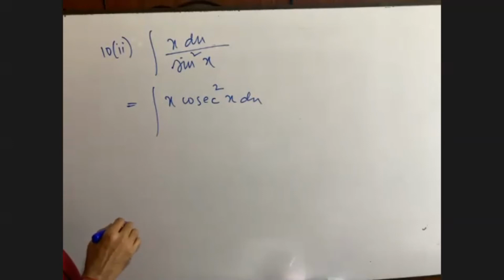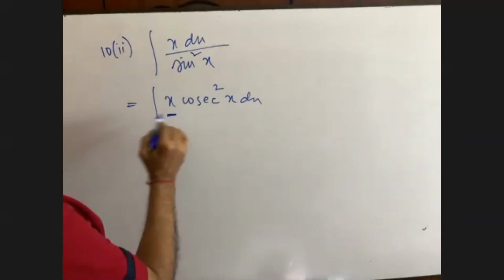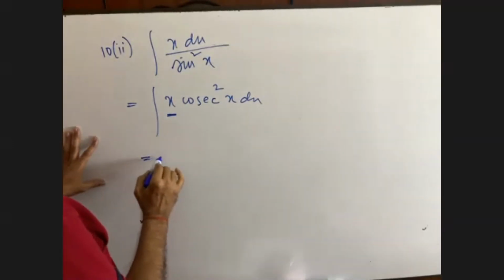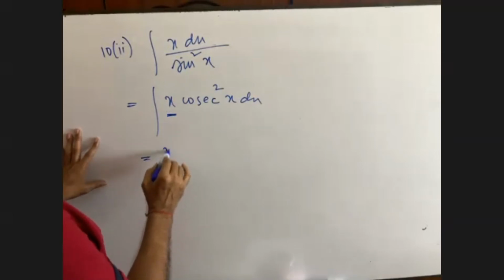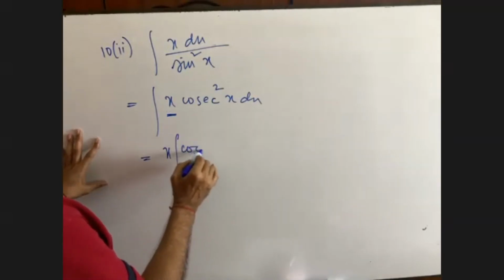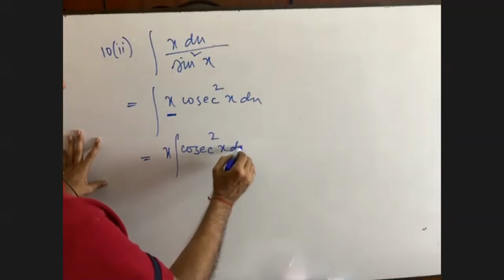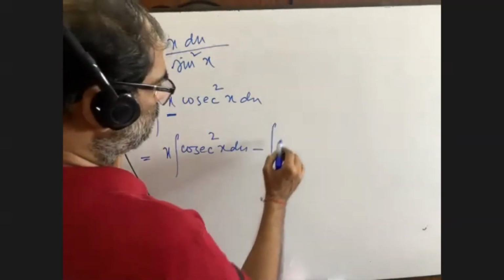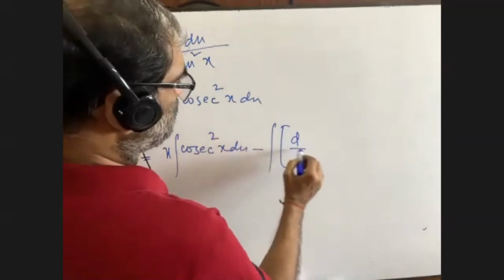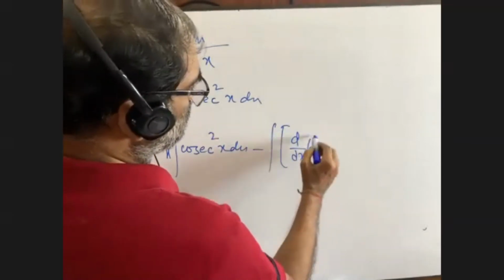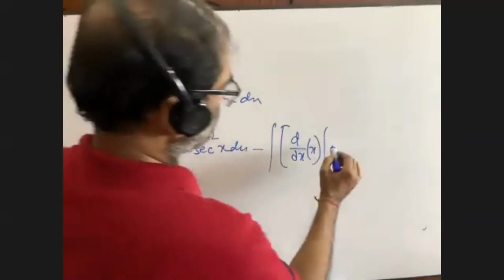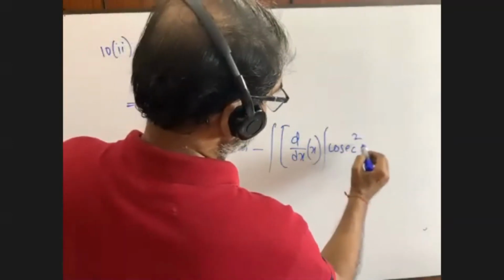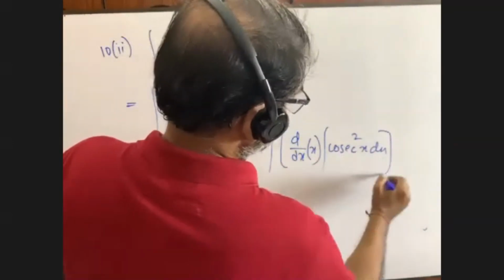So we can do it now. It is u, it is v. So x times the integration of cosec square x dx, minus the integration of [d by dx of x times the integration of cosec square x dx] dx.